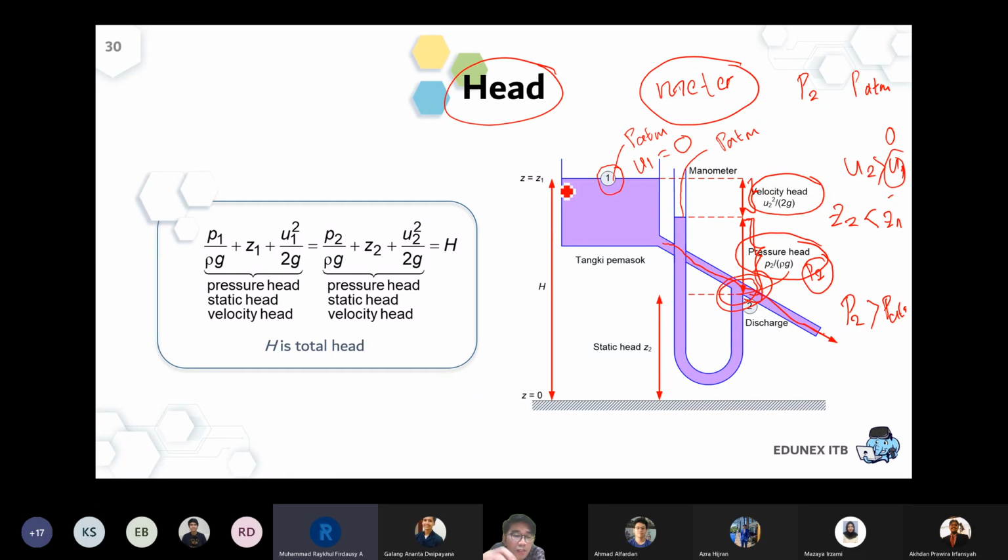Yeah, so if the total head is like this one, the total head or the total energy is this one. Okay, at point 2, the total energy should also be this one, right? Because the total energy will remain constant, the total head will remain constant. But since the static head is changed, the pressure head is changed, so the remaining will be the velocity head.